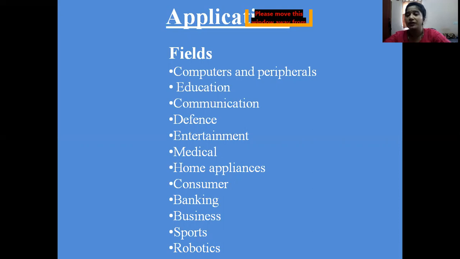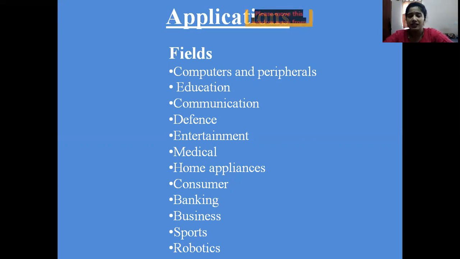Then communication: satellite communication, digital communication, analog communication, and you are able to talk on mobile because of this communication system development. Starting from a simple mic and speaker to online remote communication, you have electronics in it.